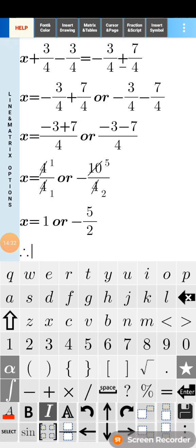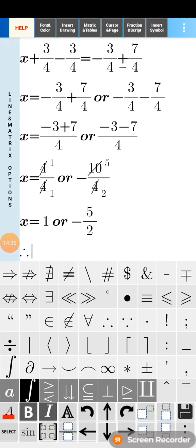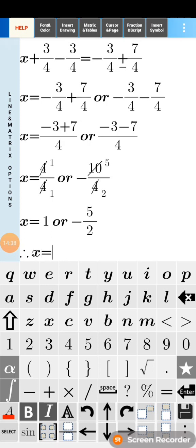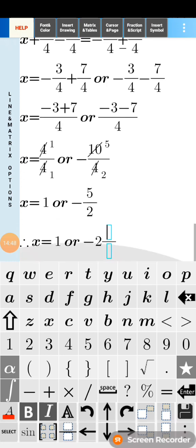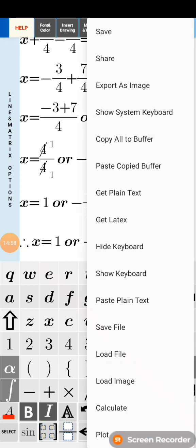So therefore, x is equal to 1 or minus 2 whole number 1 over 2. This is my final answer.